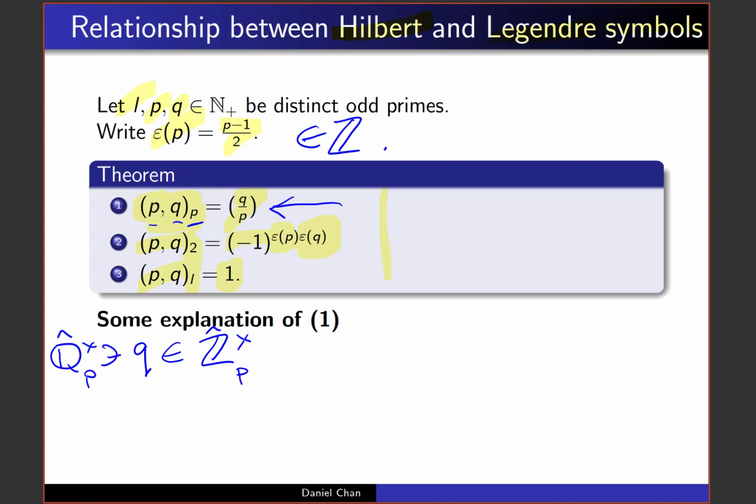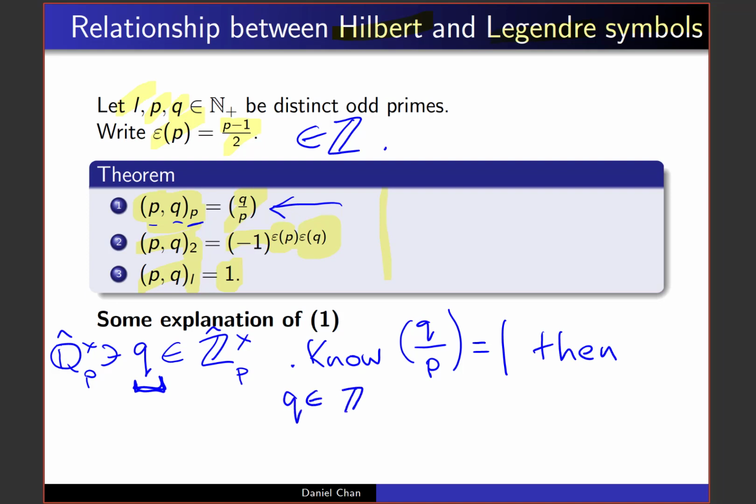And remember the value of PQ, okay, if Q is a square, mod P, then remember the value that the Hilbert symbol takes is trivial. Okay, so we know, if Q is a square, mod P, so in other words, this is equal to 1, then Q is an element of Z cross P squared.